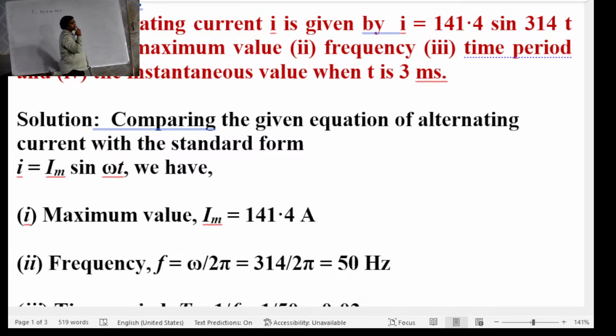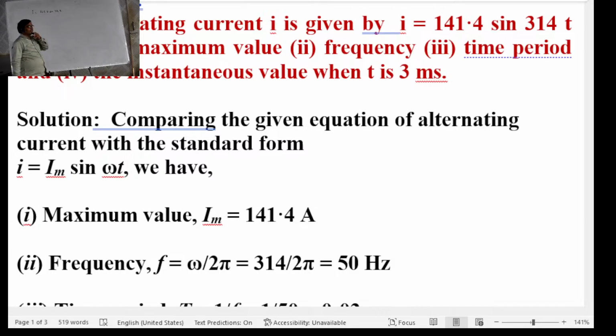This is a long answer question. So what is the formula?